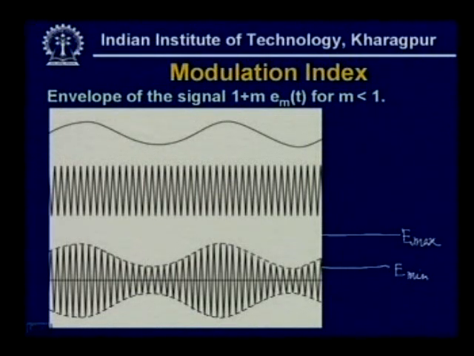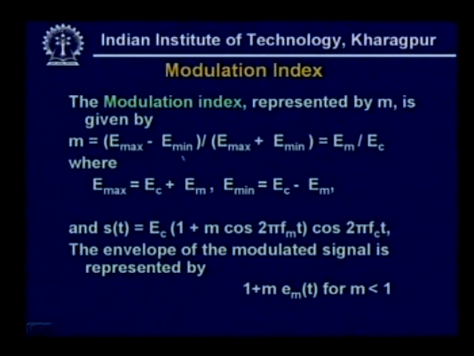If E_max and E_min are the maximum and minimum values, then the modulation index M is equal to (E_max − E_min) / (E_max + E_min). Then as you can see here, E_max is equal to E_c plus E_m.